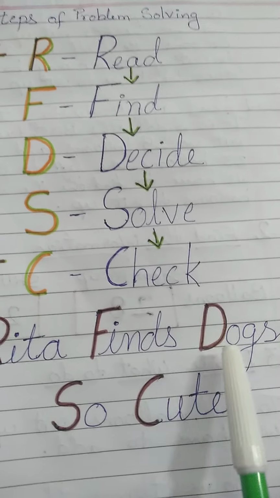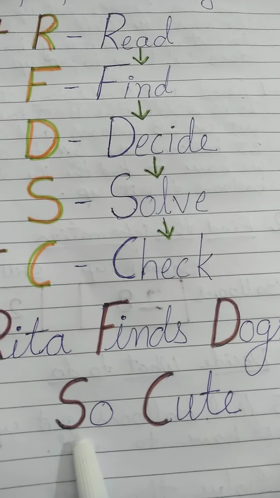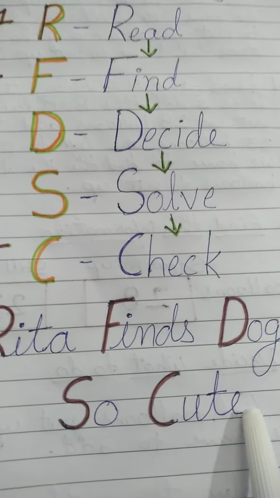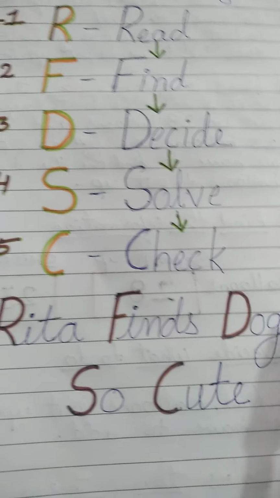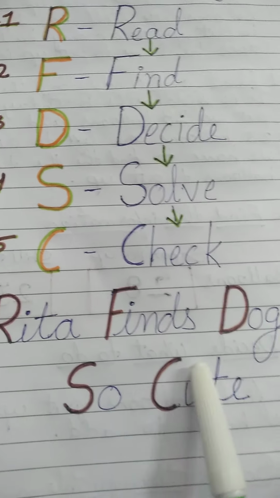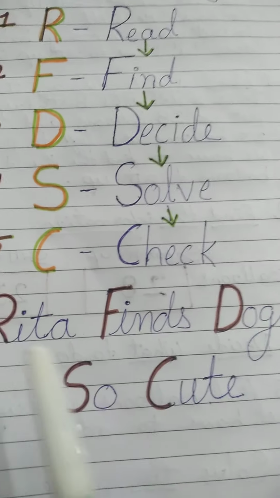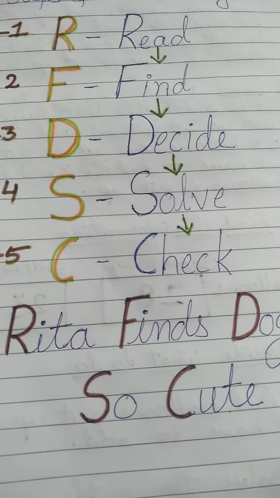In dogs, D stands for decide. In so, S stands for solve. And in cute, C stands for check. If you remember this sentence, you will never forget the steps of problem solving in your life. Rita finds dogs so cute.